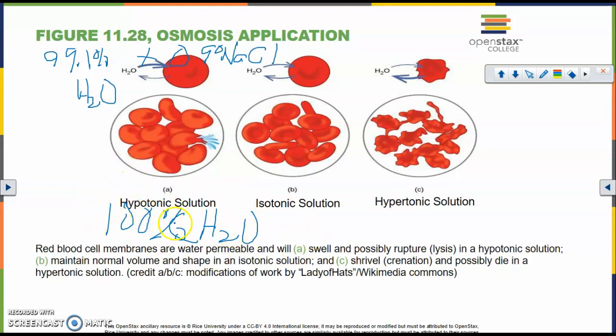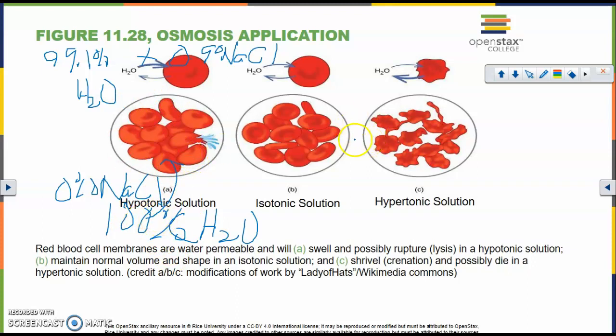This is 100% water. This is 99.1% water. So it's going to go from an area of higher concentration to an area of lower concentration. And this is why in a hypotonic solution, hypo meaning lower tonicity, so this means it's 0% sodium chloride, folks, right? Hypo meaning lower, that's higher. This is why water flows in here, and that's why most red blood cells in a hypotonic solution will blow up.